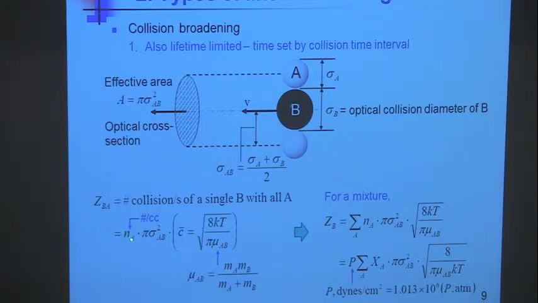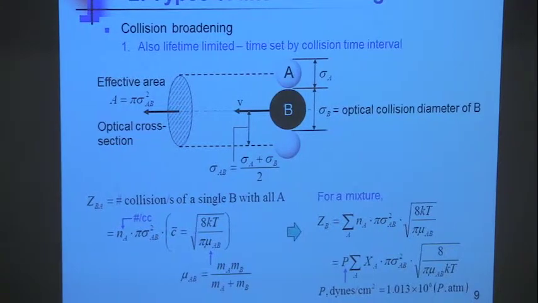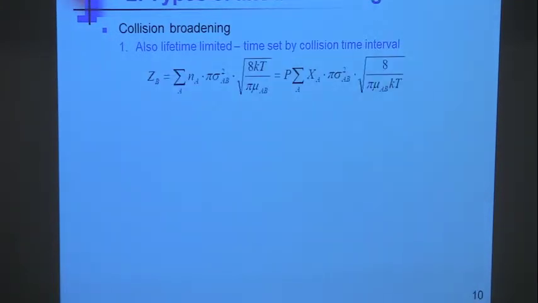Well, n of A. So that quantity together is the number of collisions experienced by a single B with all A. If you have a mixture, you have to sum over all the other candidate A's. And you can then write this in terms of pressure, which we like to do. But basically, Z is the total number of collisions a single B has per second. Why do I care? Because 1 over Z is the average time it spends between collisions. That's the lifetime that it has before it changes its characteristics. That's the time that comes into play in the lifetime limited case.